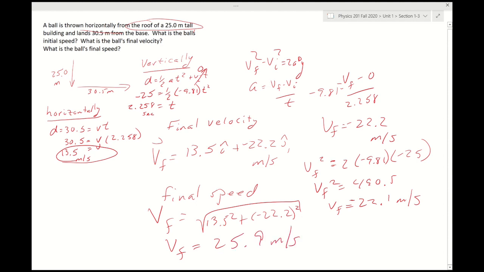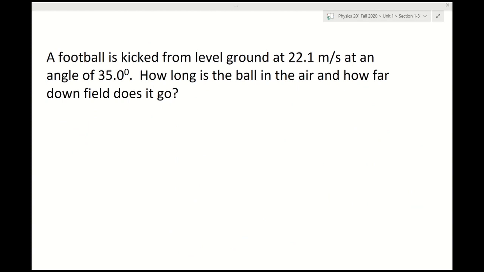A football is kicked from level ground at 22.1 meters per second at an angle of 35 degrees. How long is the ball in the air and how far downfield does it go? 22.1 meters per second at 35 degrees. We resolve it into the components.